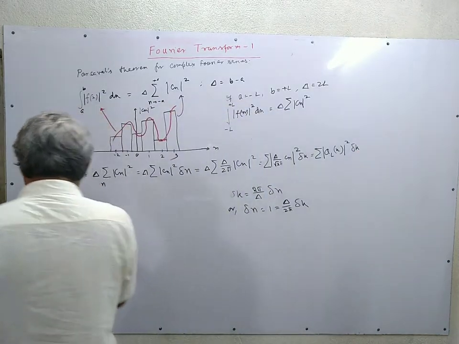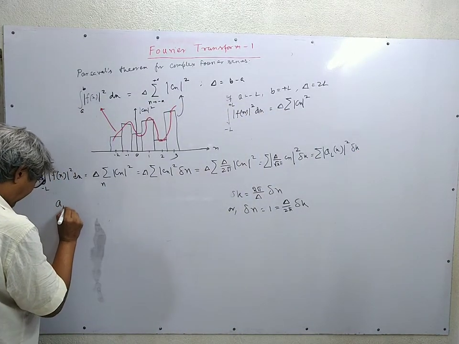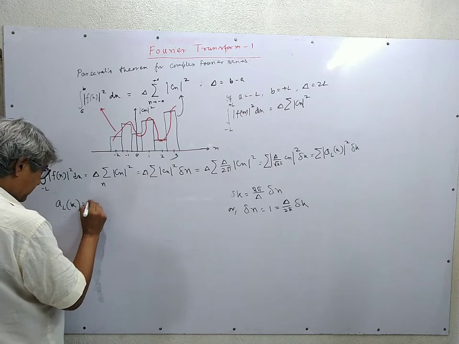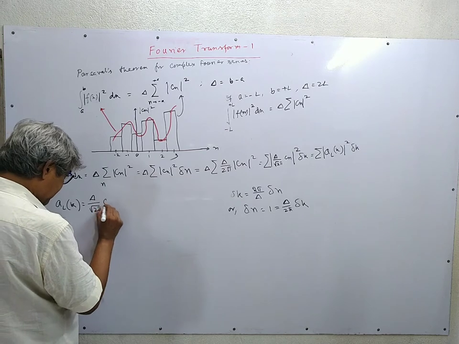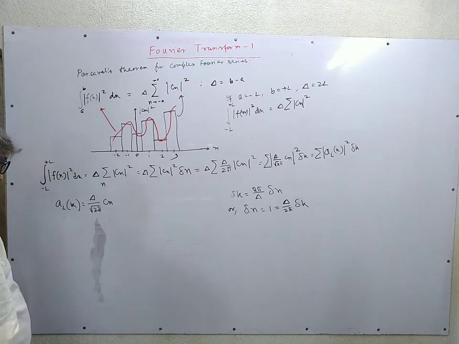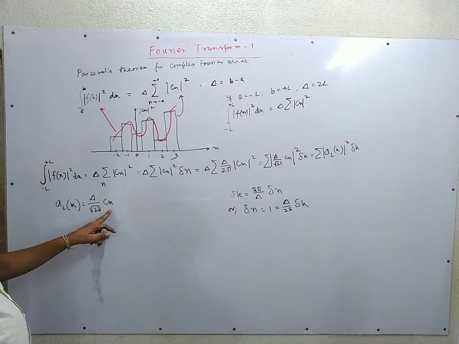where we have defined AL of K as delta upon root 2 pi Cn. The argument K has been introduced because C has K dependence.